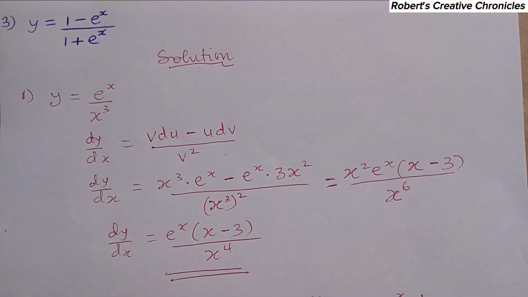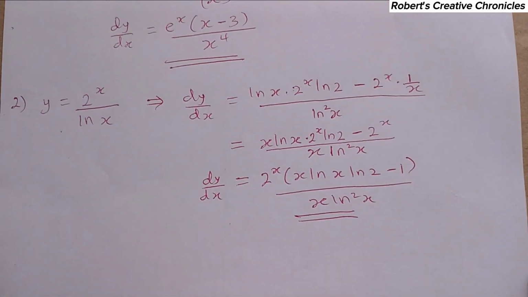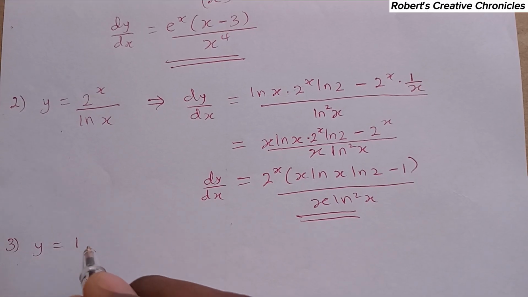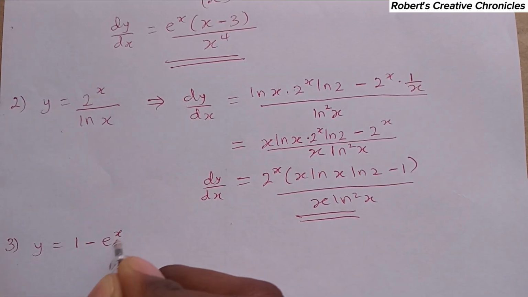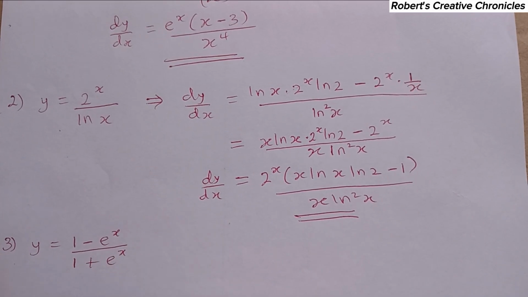Number 3. y equals (1 minus exponential x) over (1 plus exponential x).